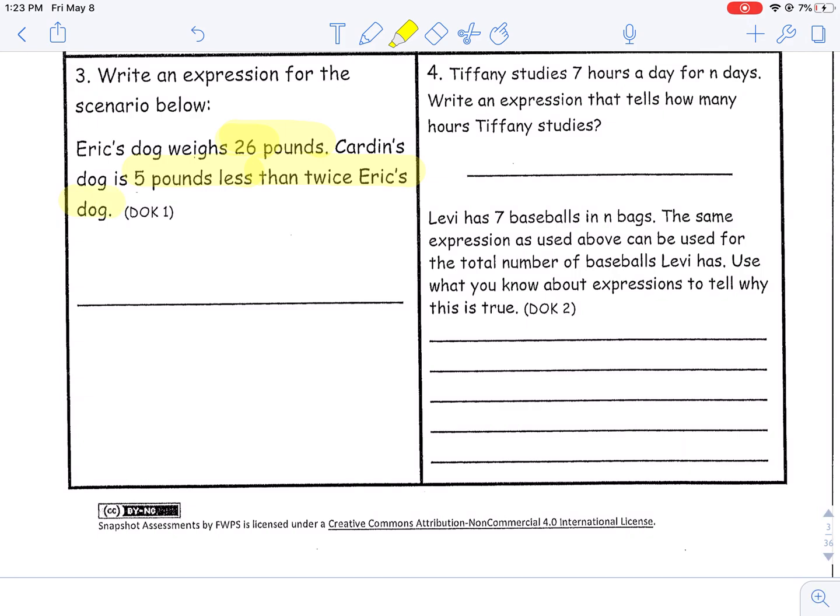So I'm looking at Eric's dog. I know that Eric's dog, I already have that known, and that's 26 pounds. I don't know Cardin's dog's weight yet, but I know it's twice as much as Eric's dog, and then I'm going to take away 5 pounds.